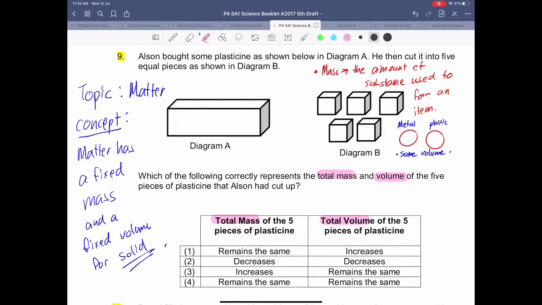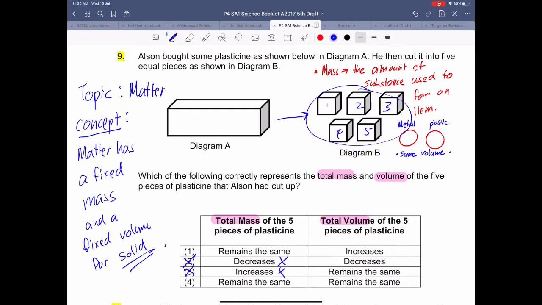That means when you add these 5 cubes, 1, 2, 3, 4, and 5, because they came from the same block, your mass doesn't change just because it's been cut up. So the total mass, when you add up all these 5, must remain the same. Anything that changes, decreases, or increases, straight away you cross it out.